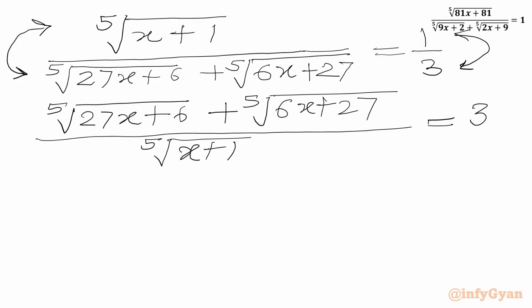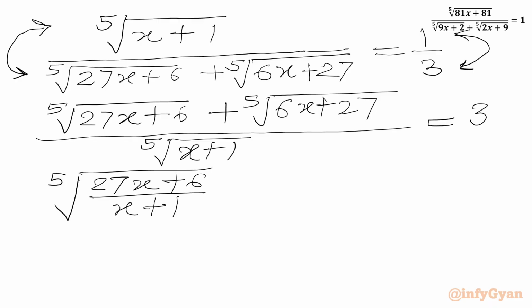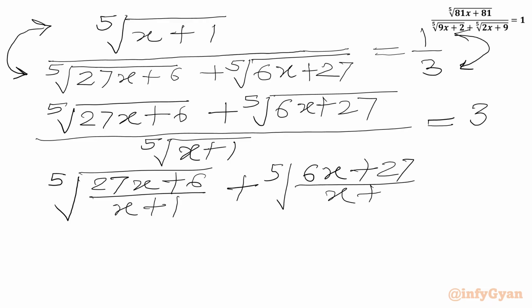Now we will split the numerator with respect to the denominator, and we can write fifth root of 27x plus 6 over x plus 1 plus fifth root of 6x plus 27 over x plus 1 equal to 3. Now we will use substitutions.